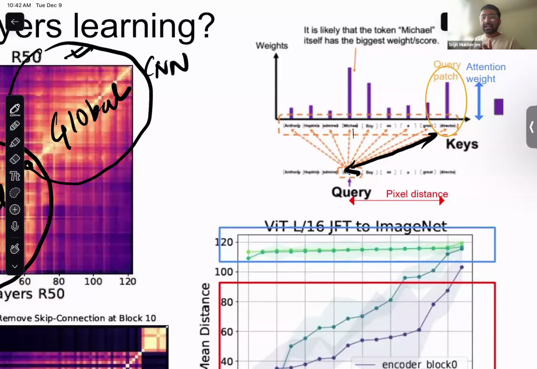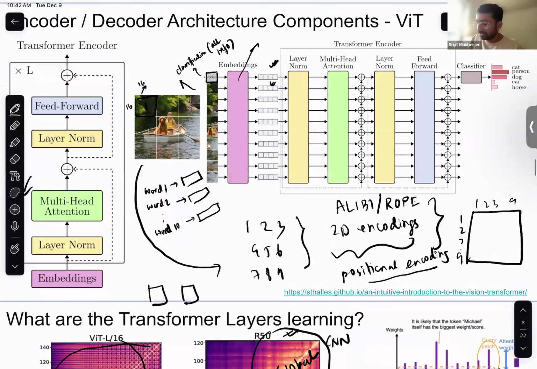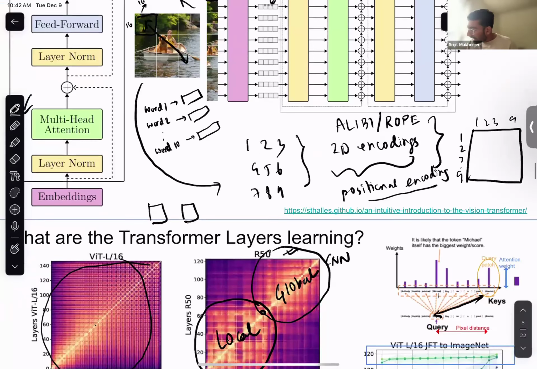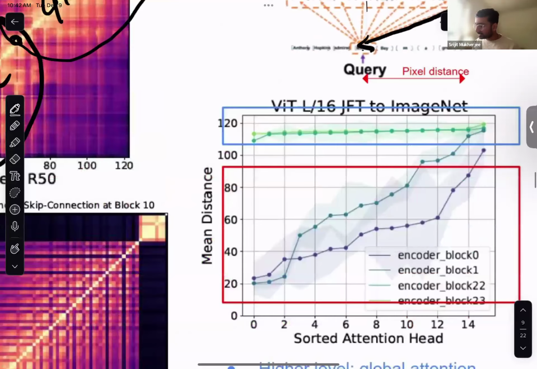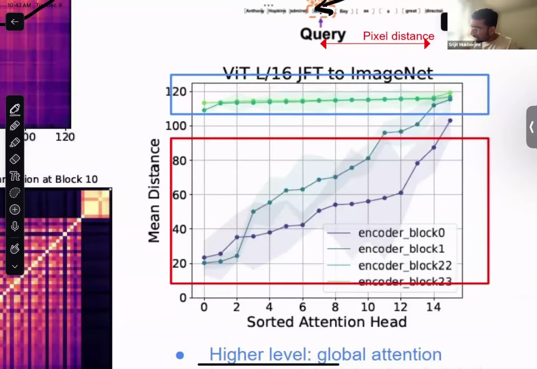So then it looks at the next highest key, which has the maximum overlap, cosine similarity, or dot product with the query. And they saw how far apart these two patches are from each other. They calculated that, and they plotted that mean distance against the different attention heads.